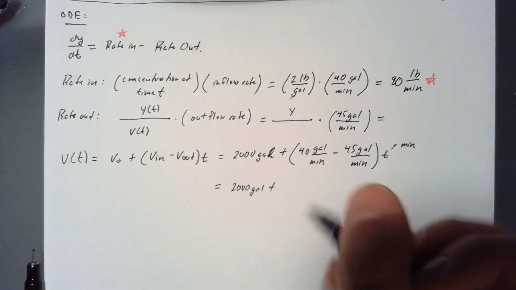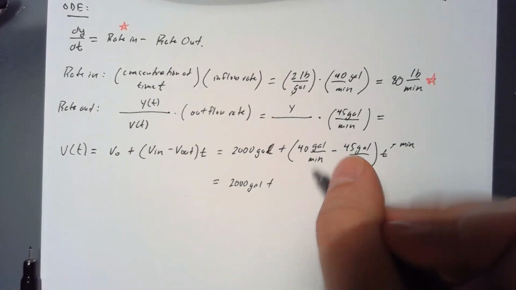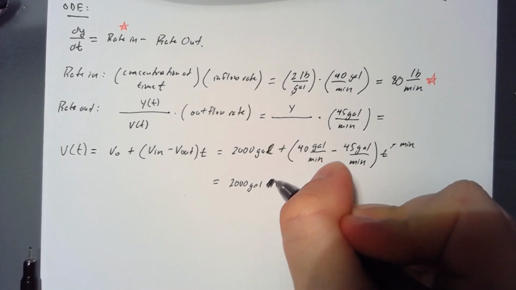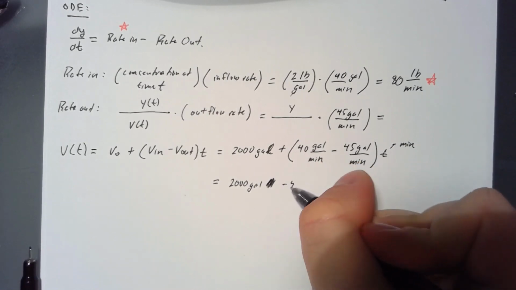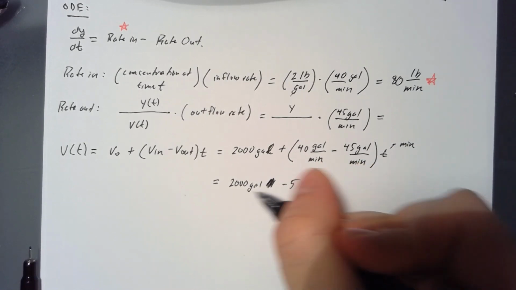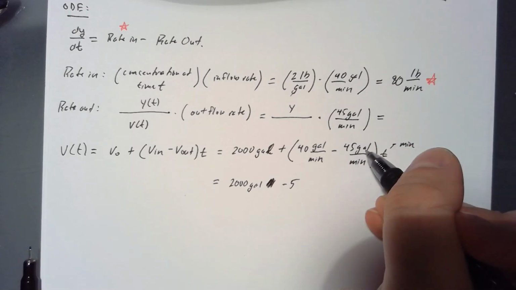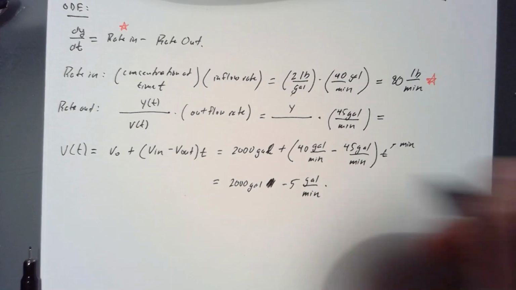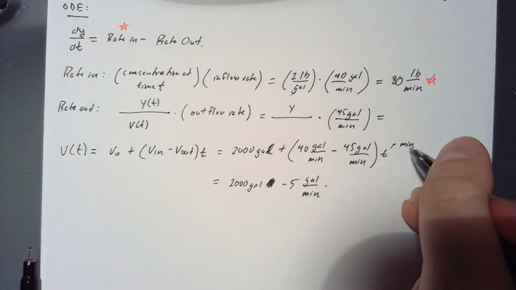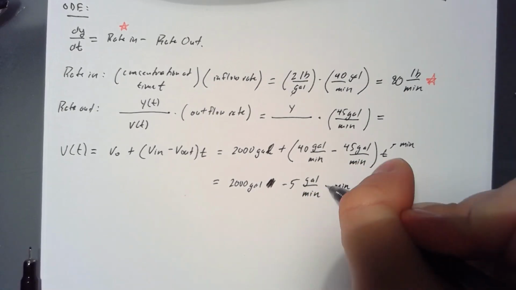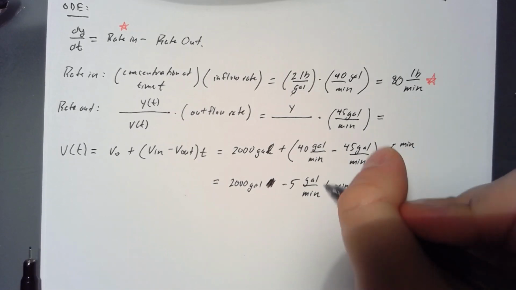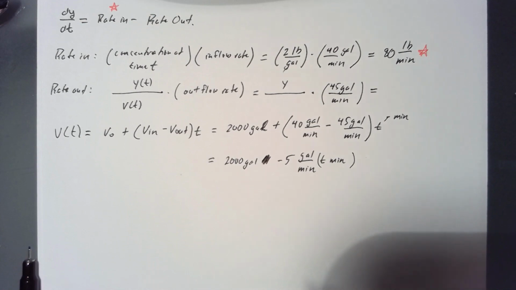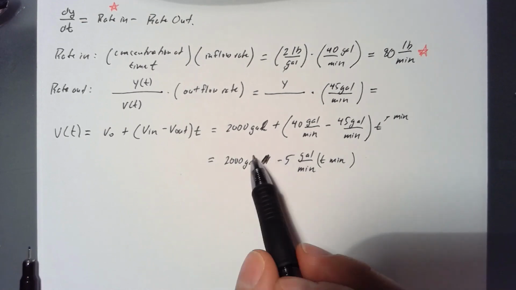I could have just kept this as a negative. Minus 5, right? So I have 2,000 gallons minus 5 gallons per minute times T minutes. I'm keeping the units here just to show you that the units will work out.